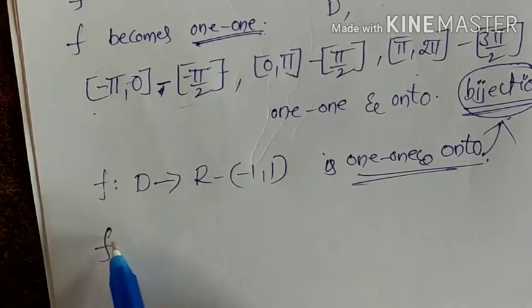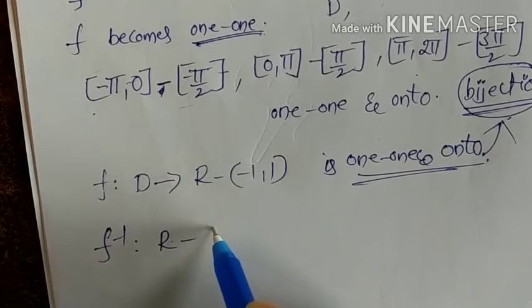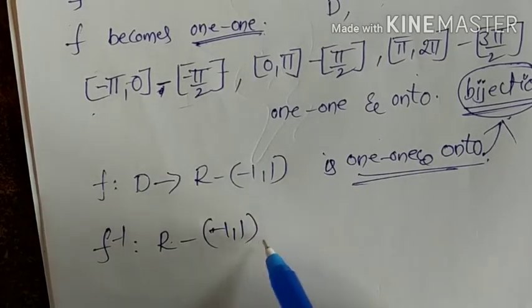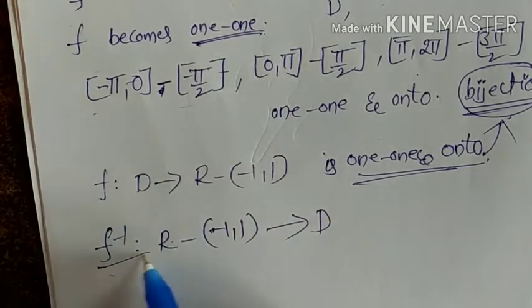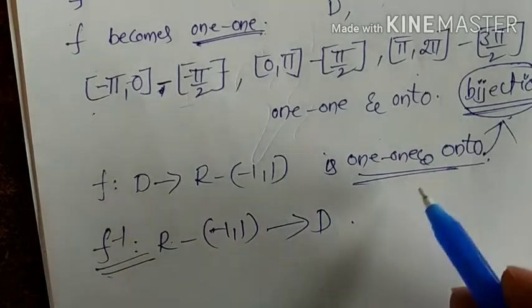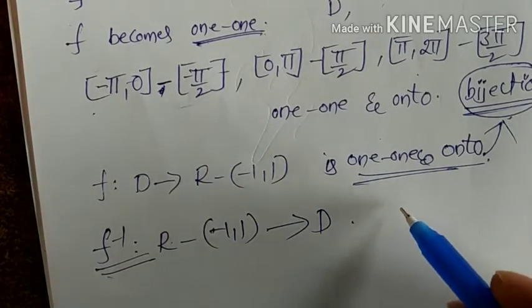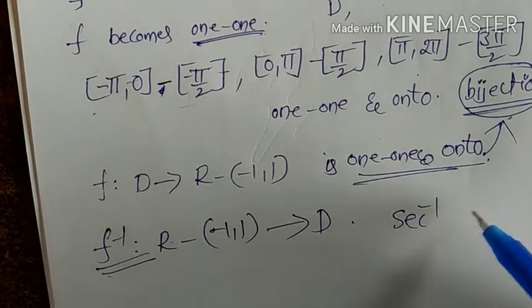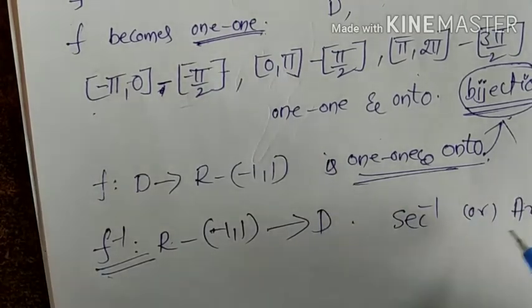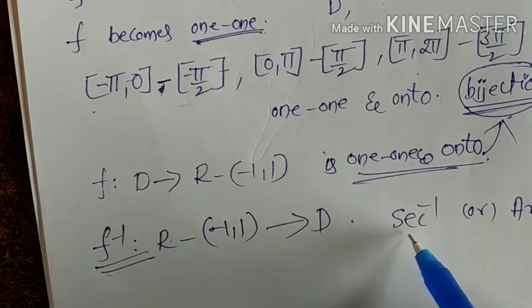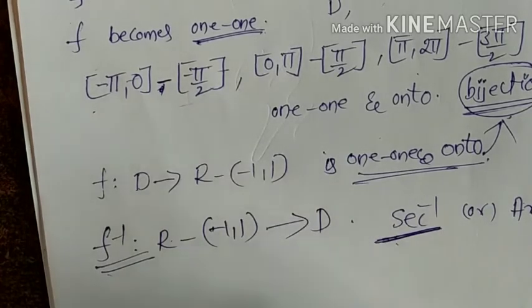So f inverse goes from R minus (minus 1, 1) to the domain. So here this f inverse exists. Generally the inverse of secant function is denoted by secant inverse or arc secant. To represent the inverse of secant function, generally we use this notation.